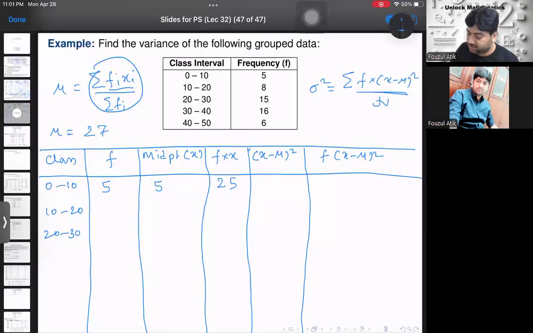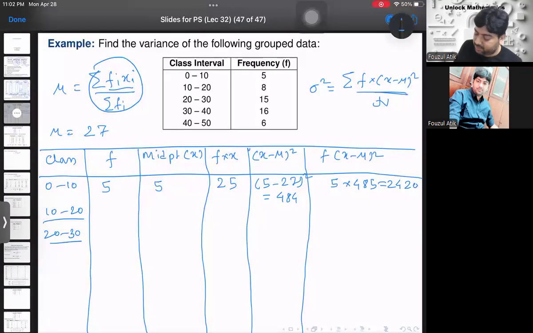X is 5, minus 27, whole square. So it is 22 whole square, and 22 whole square is actually equal to 484. In the same way f into (x minus mu) whole square: f is 5, times 484, so this value is equal to 2420.